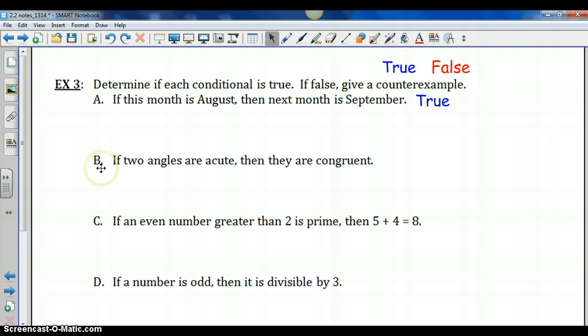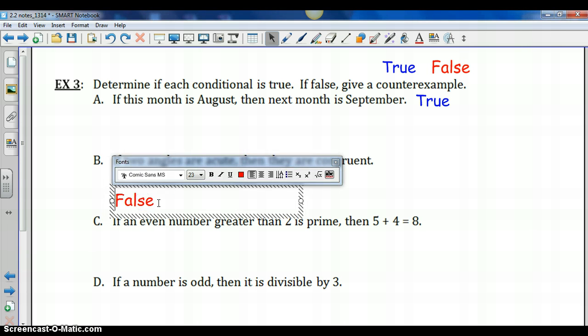Part B, if two angles are acute, then they are congruent. Well, I can break this down. I can think of two acute angles that are not congruent. It's something that satisfies the hypothesis but not the conclusion. So I'm going to say that this is false, and I'm going to write a counterexample.